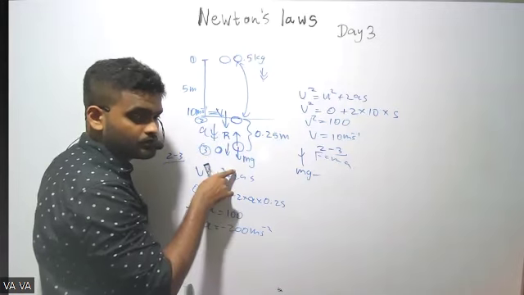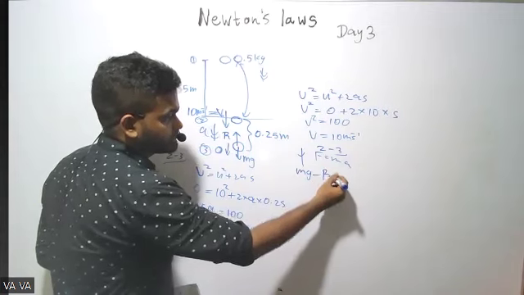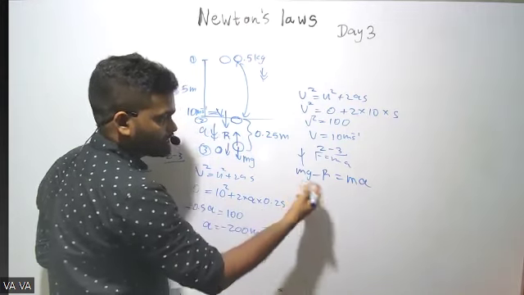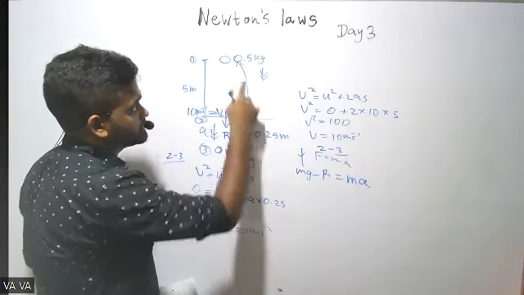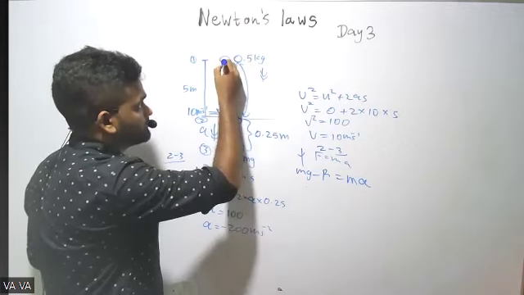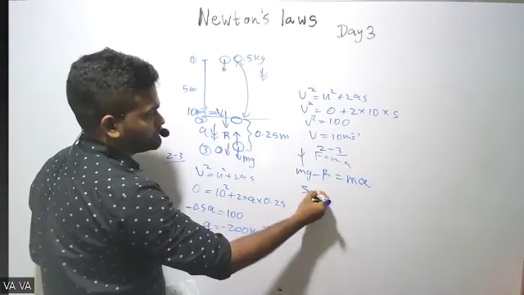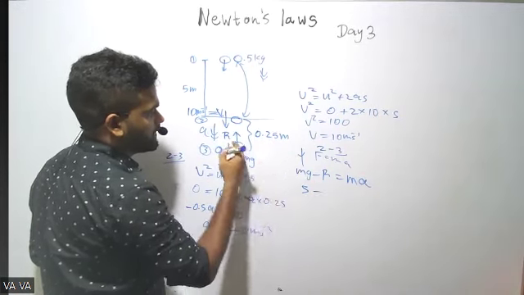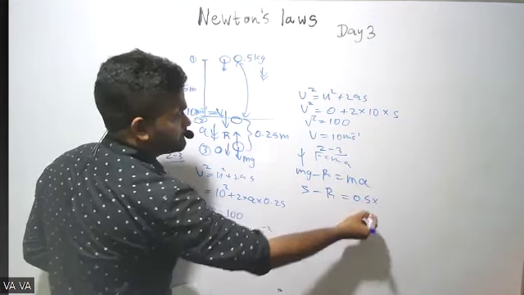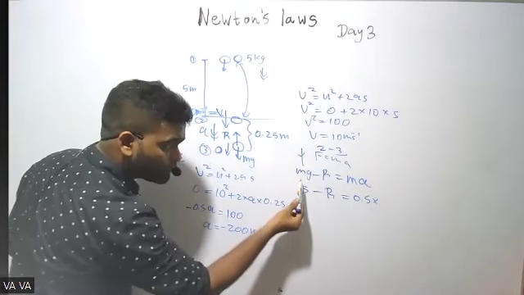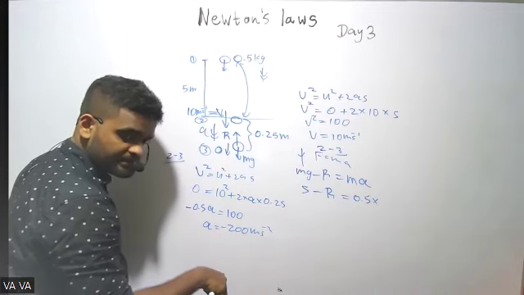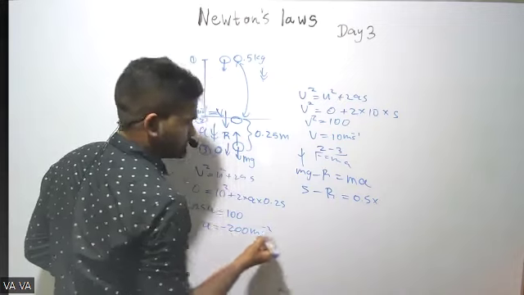Mg downwards, resistive force upwards equals mass times acceleration. Then just substitute. So mg is 0.5 kilogram times 10. So that weight is 5 Newton, right? Weight is 5. R is what we need to find. Mass is 0.5. Acceleration downwards is negative. To this direction it is negative. So you substitute minus 200.